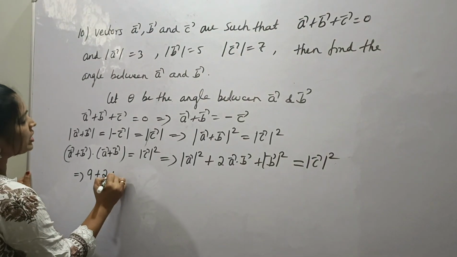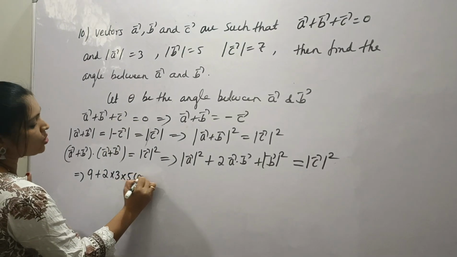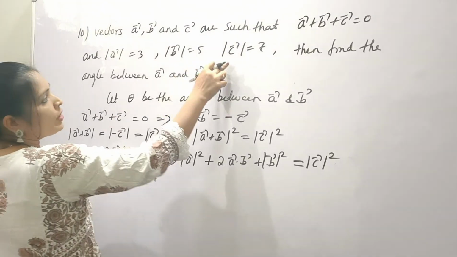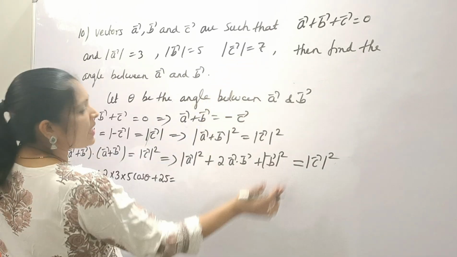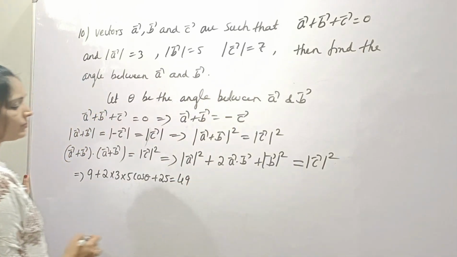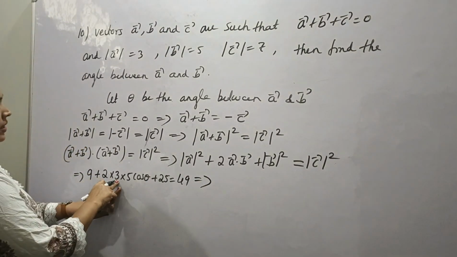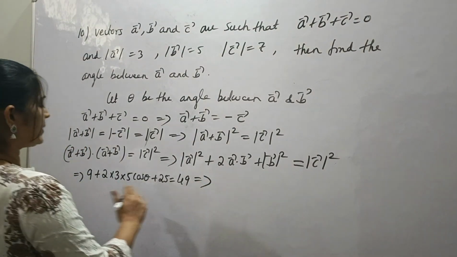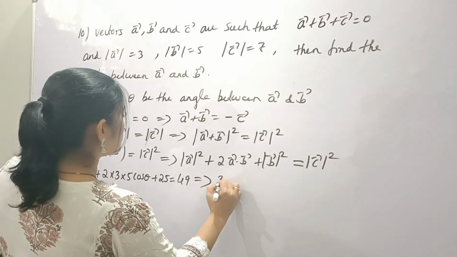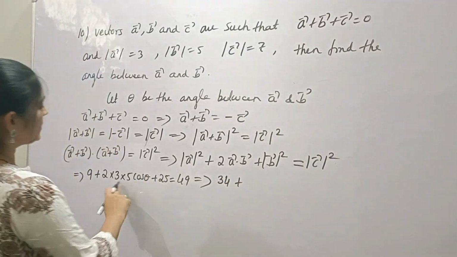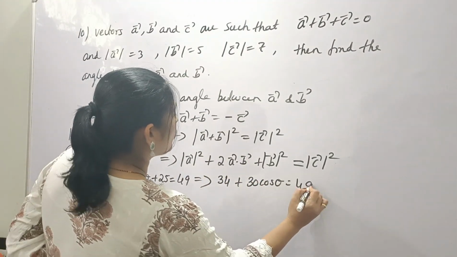So, modulus of vector A is 3 and modulus of vector B is 5, into cos theta, plus modulus of vector B square, that is 25, is equal to 7 square, 49. That implies here 2 into 3, 6, into 5, 30. So, 9 plus 25, 34. So, 34 plus 30 cos theta is equal to 49.